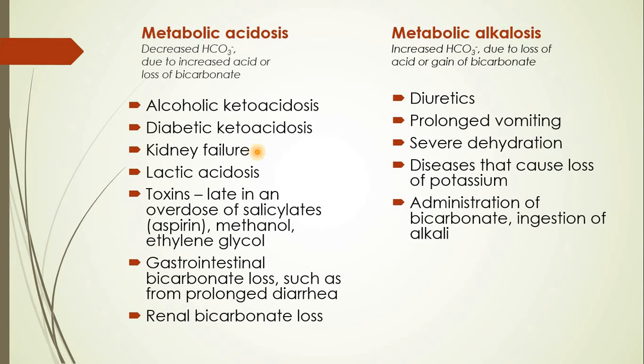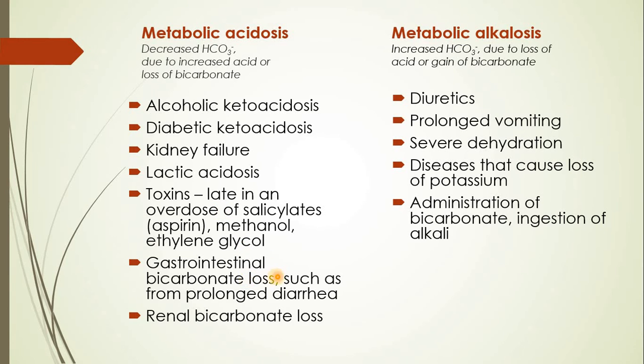It could be due to failure of kidneys, or it could be accumulation of lactic acid. Sometimes large doses of salicylates like aspirin, methanol, ethylene glycol can also lead to decrease in the bicarbonate level. That means there is more loss of bicarbonates from the body.